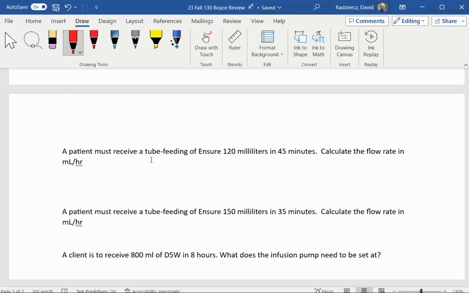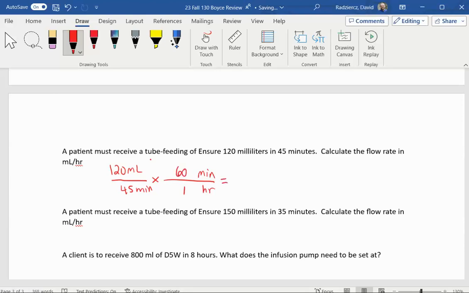If it gives you minutes, all you're going to do is convert it to hours. So again, we're doing a flow rate question. I have a volume of 120 milliliters. I have a time of 45 minutes. All I'm going to do is convert minutes to hours. 1 hour is 60 minutes.